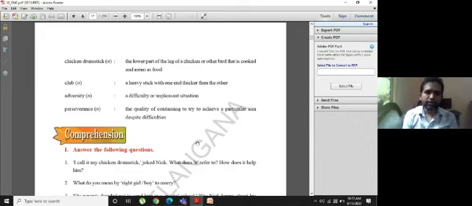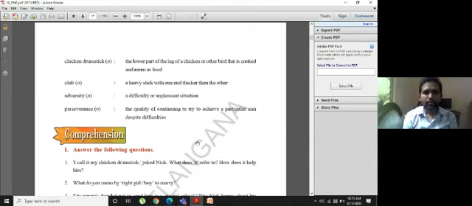And next, chicken drumsticks: the lower part of the leg of a chicken or other bird that is cooked and eaten as food. So here in the lesson we will get to see these words. Nick, while describing his personality, used this, so at the time you will understand.